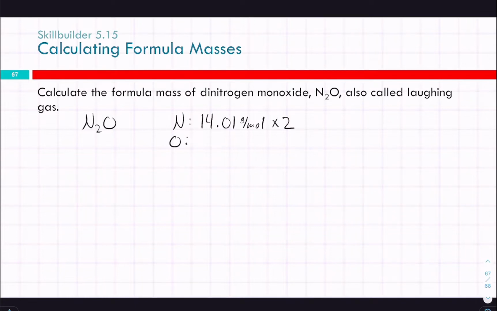And then oxygen, I'm just going to use 16.00 grams per mole, and there's only one of those. So 14.01 times 2 is 28.02, and then this is just going to be 16.00 grams per mole. And we add those together.